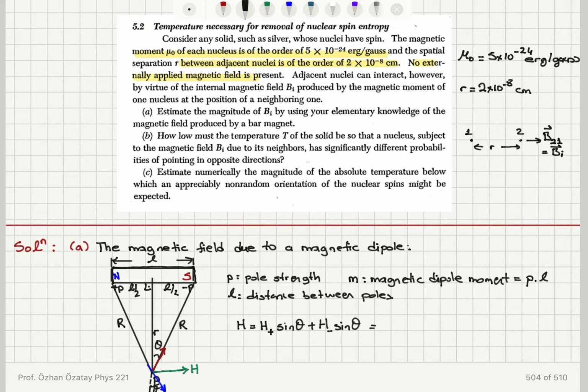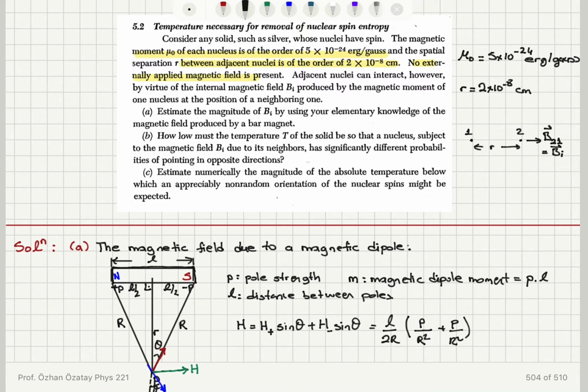So basically sine theta is L over 2 capital R, you can see here, and the magnetic field created by a single pole is equal to P divided by capital R squared. So that's H plus and H minus, P divided by capital R squared.